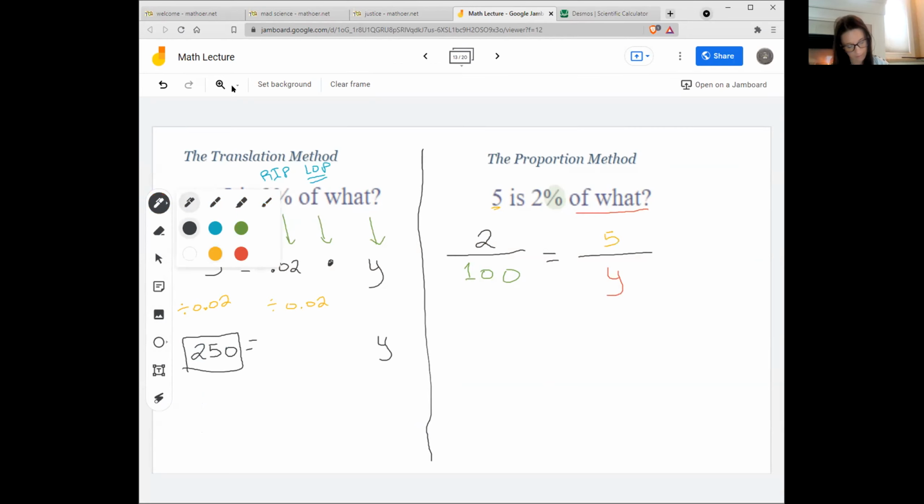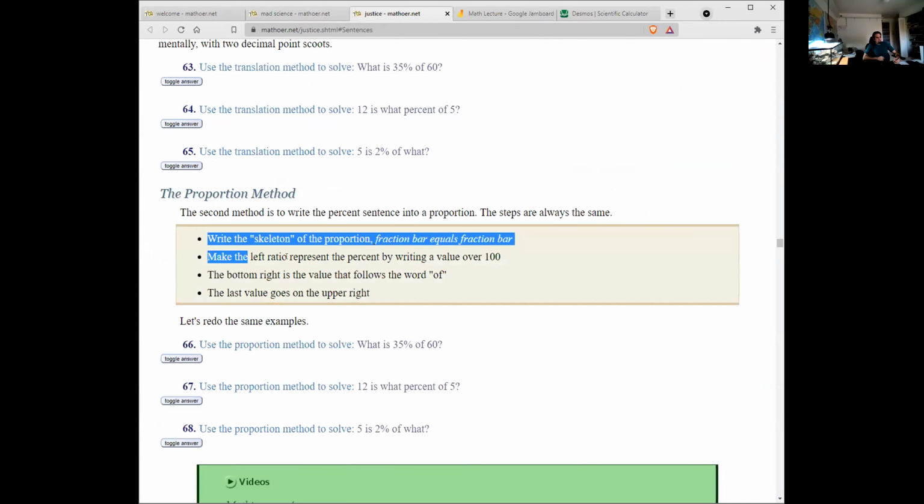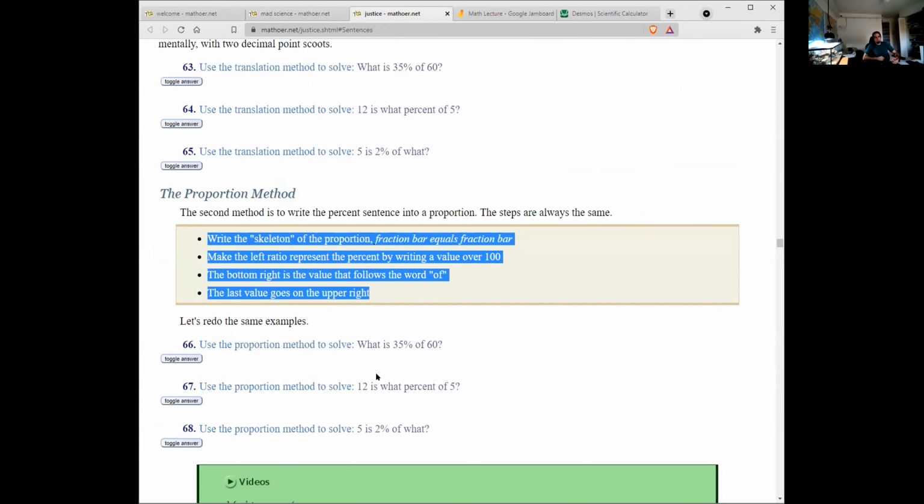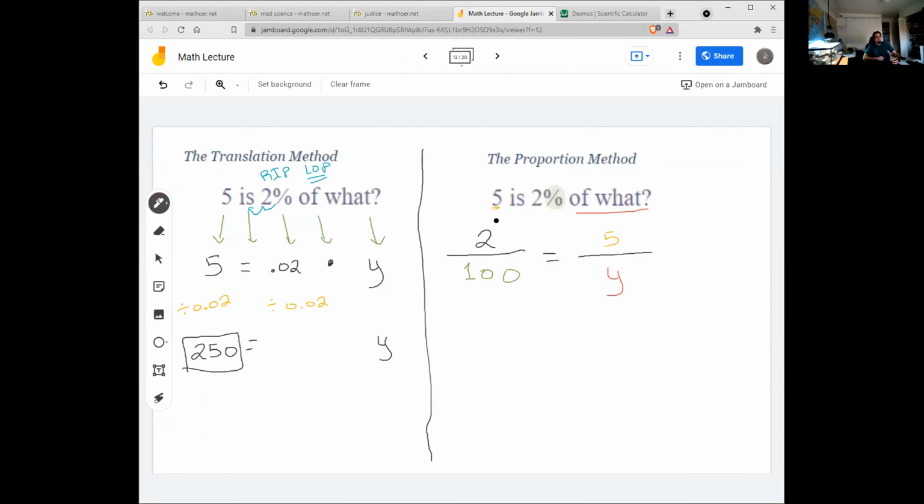So this should be in your notes if you like this process. And again, you can use your notes on the test. Okay, we've set it up. Now we multiply y times 2. I'll take the diagonal with y and do that on that side because I like it.